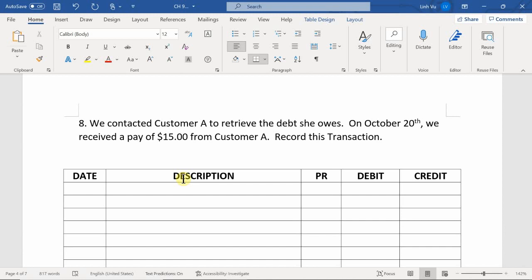And then October 20th, we received a payment of $15 from customer A. Record this transaction. So after X amount of months of hassling her, she decides to give us $15.